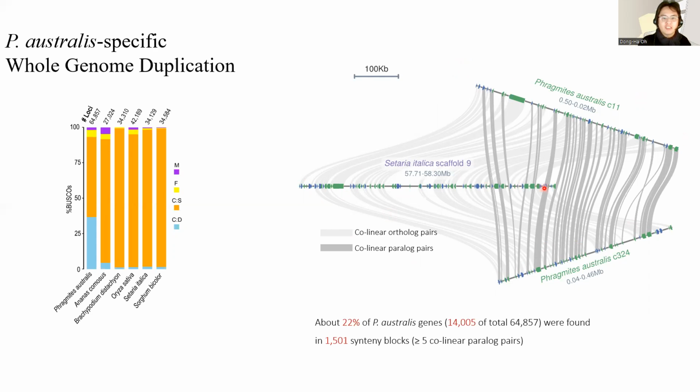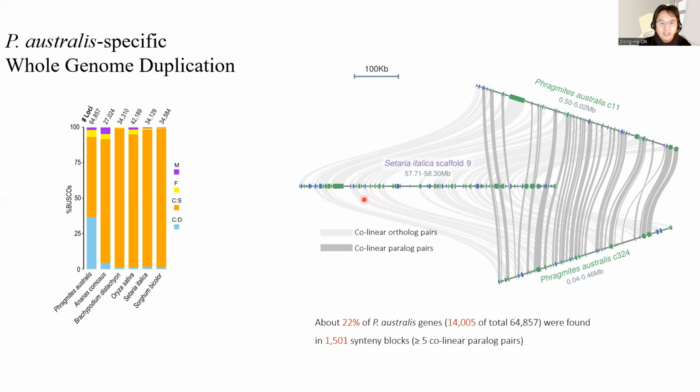So this line is a genome, and the boxes in the line are genes. Each box represents a gene, and ribbons are connecting similar genes. So we can see that many of the genes are present twice here, but not all of them are completely 100% duplicated. We can see that some of the genes, for example, this box is present once, but lost here.